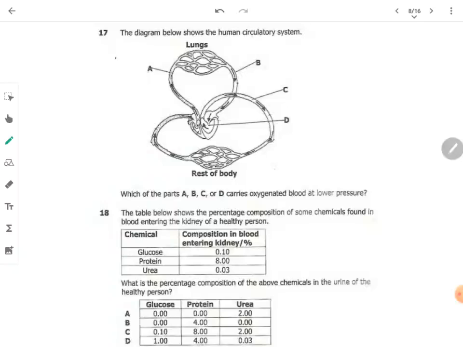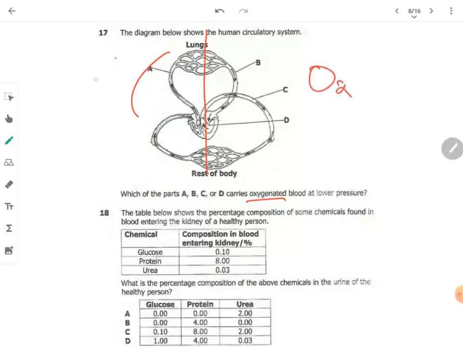Now, oxygenated blood is, so we have parts. We have this part, the other part. So, on this question, we have the part that carries oxygenated blood while the other part carries deoxygenated blood. Now, here they're talking about the part that carries oxygenated blood. This part here carries oxygenated blood, while the other part here carries deoxygenated blood. Okay, this part carries blood rich in oxygen.